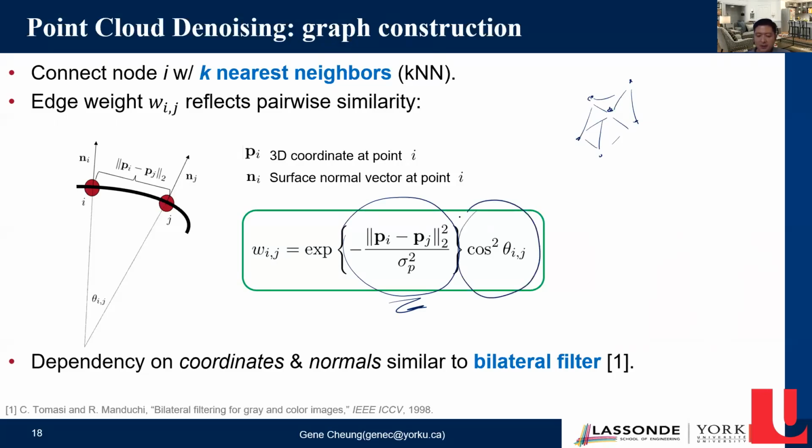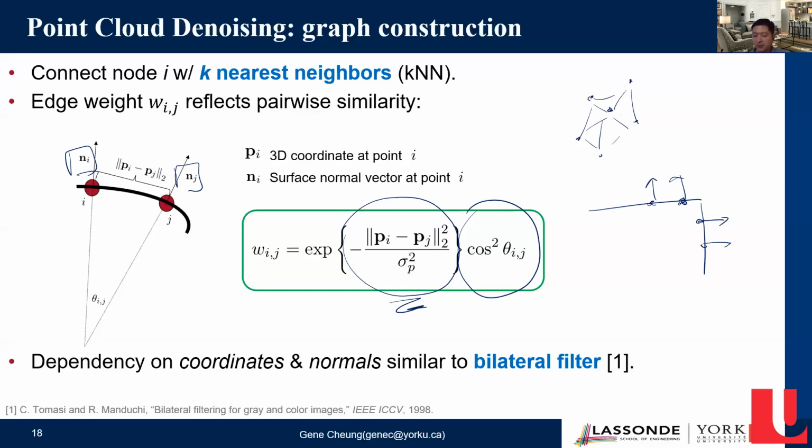The second consideration is that things that have similar surface normals should be considered similar and do averaging. For example, you have a tabletop and you have surface normals here. Certainly points associated with this side of the tabletop versus the other side are very different, right?